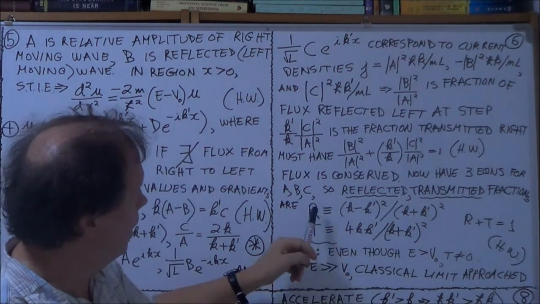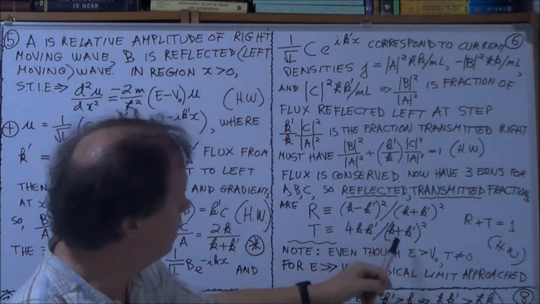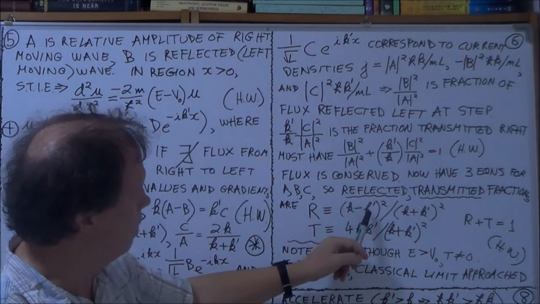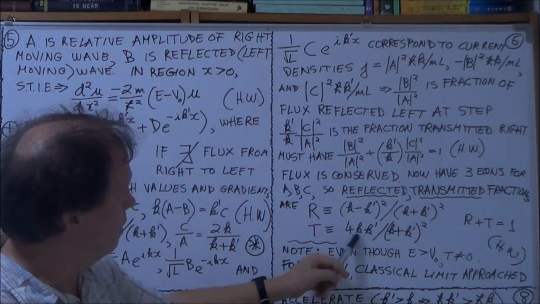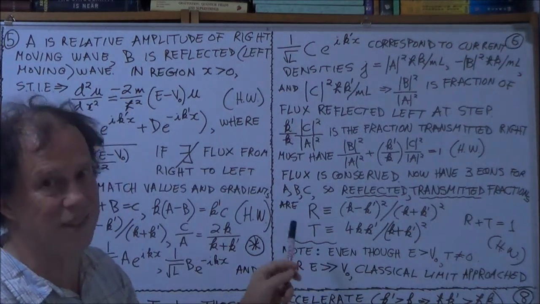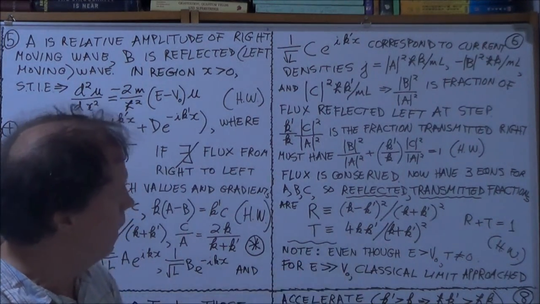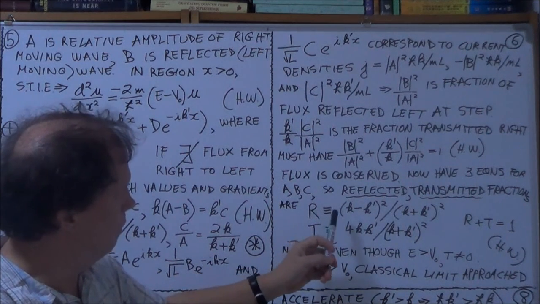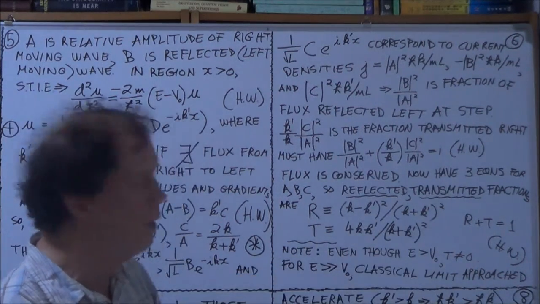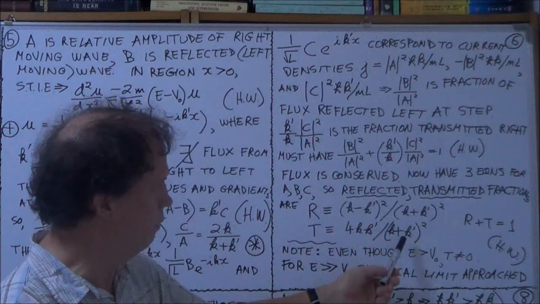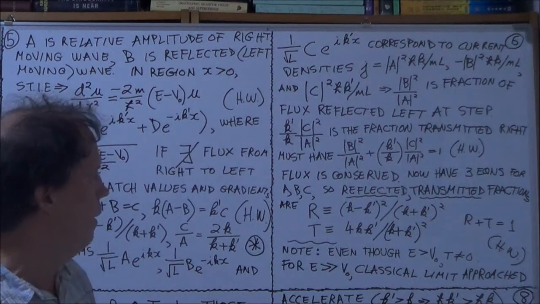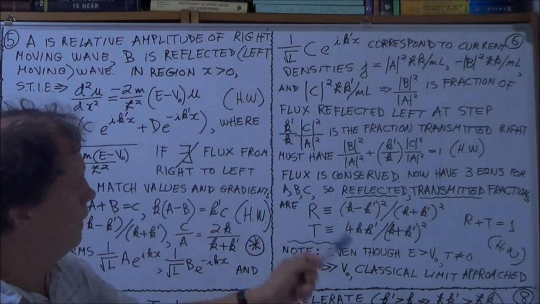If you add R and T, you've got this in common underneath, and you square this out, you get K squared minus 2K K dash plus K dash squared, and you add it to this, well that makes the minus 2K K dash become plus 2K K dash because of the 4 here, and what you're left with is K plus K dash all squared. So you've got the same thing above and below, so 1. So R plus T is 1. That's pretty easy, right?